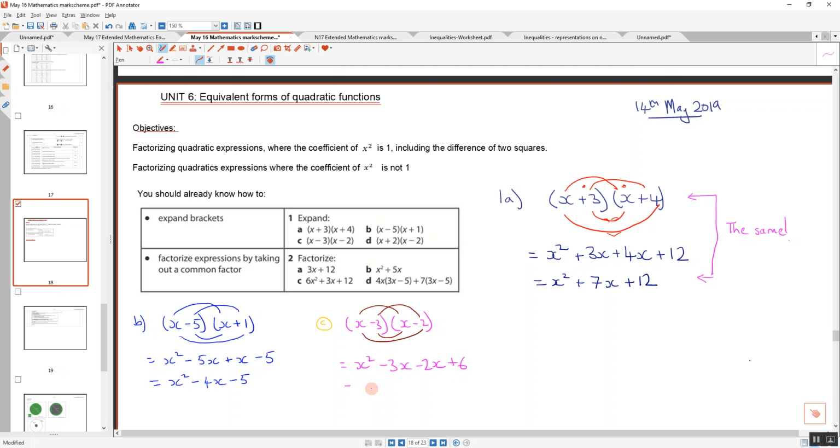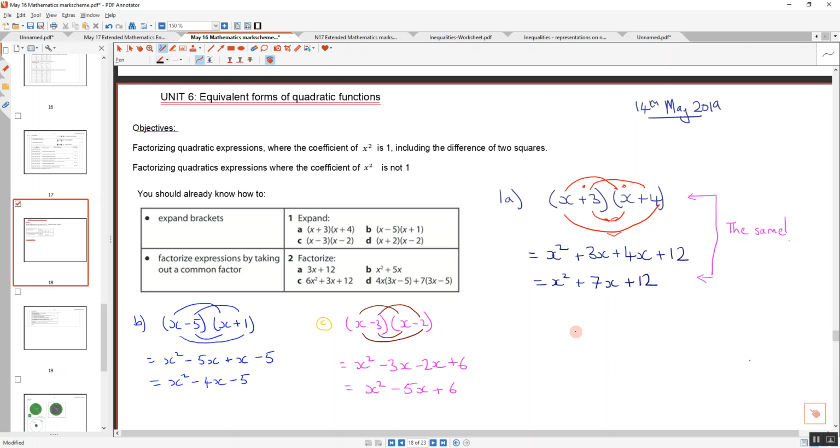Now, when I come to simplify this, to collect my like terms, which two things am I combining? Right, negative 3 add negative 2, or negative 3 take away 2, is negative 5x. And you can use your calculator to help with this. Okay, so that is what you should get down to.